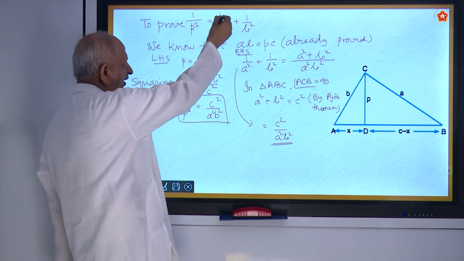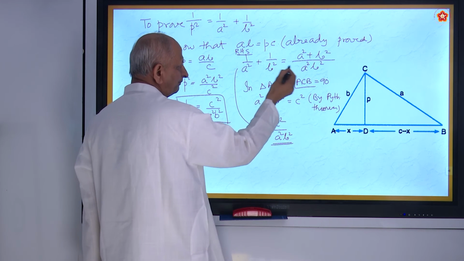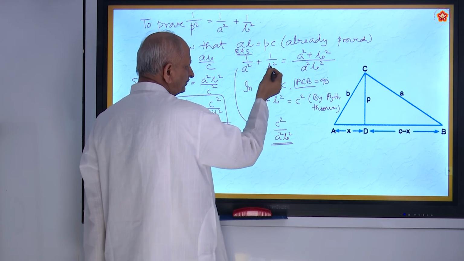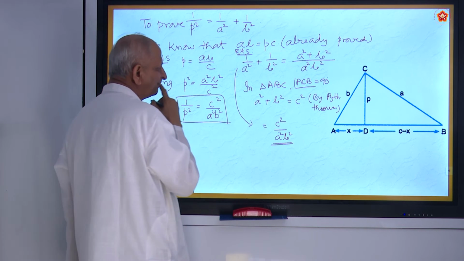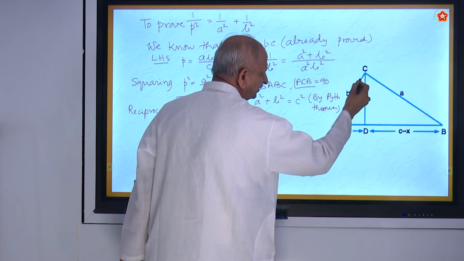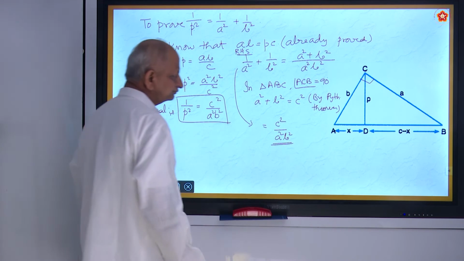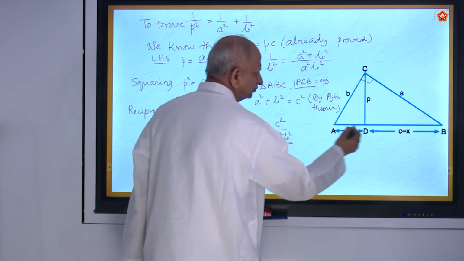On the right side you have 1 by A square plus 1 by B square. Take LCM. A squared B squared is LCM. Then you get A squared plus B squared by A squared B squared. And in this right angle triangle ABC, this is right angle here. So this becomes hypotenuse.